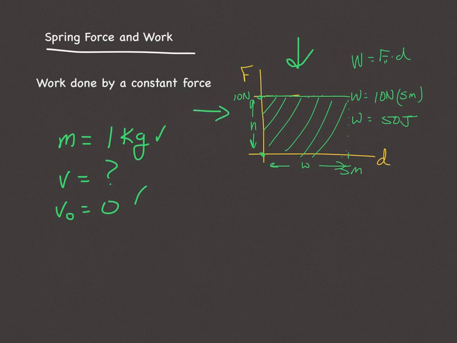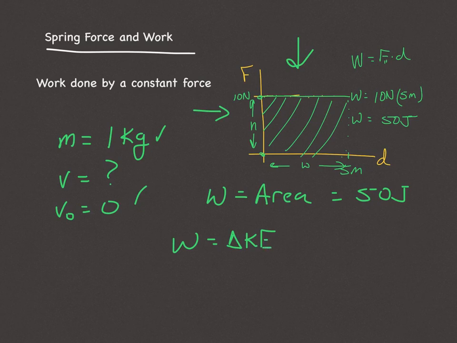The way to go about doing that is to remember that the work done is equal to the change in kinetic energy. To find the work done, you take the area underneath the graph, which is what we just did. The work done is equal to the area, 10 times 5, which gave us 50 joules. But the work done is also equal to the change in kinetic energy.